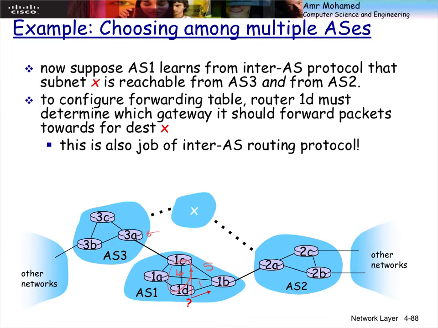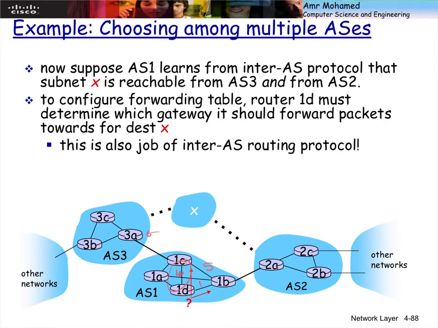Okay? If I don't have such a policy, or in other words, I have a service level agreement with both this service provider and this service provider to reach X, so I have both choices. Okay? So the policy itself allows you to do both.